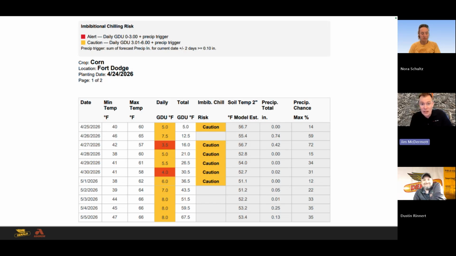If you can run the ERF yourself, or if you can't, contact your DEKALB rep and really talk about that risk coming up. But right now, full bore, I would not hold back on planting, even though it might say high risk or 18 days to emergence from today's planting date. Just let your growers know we're not stopping them. It's just setting correct expectations.